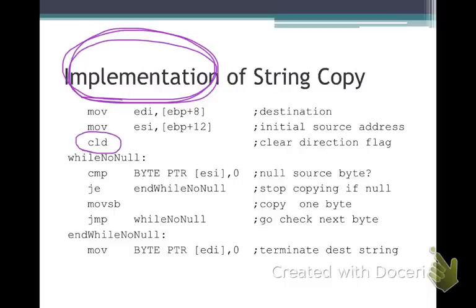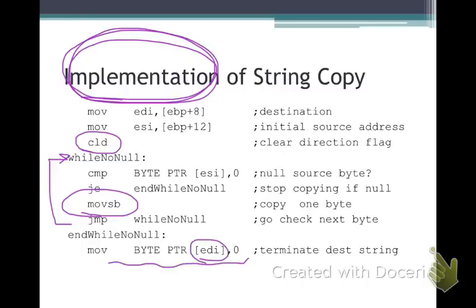I'm going to compare the current to null. If it's equal, I'm done. Otherwise, there's my string command: move, copy 1 byte from source to destination, go back up here, and see if we're done. When we're done, I'm going to null terminate the destination, and then fall into whatever I fall into at the end. Okay? All right. We'll pick up the rest next time.